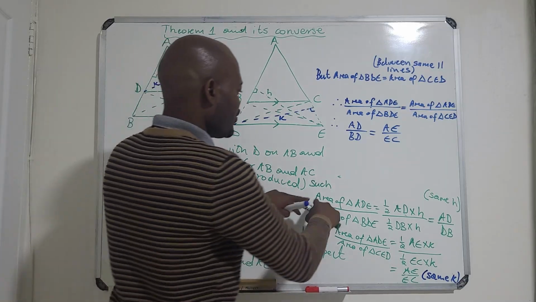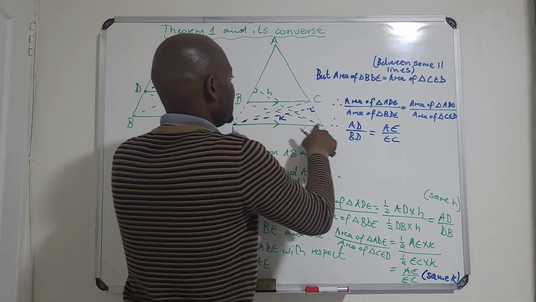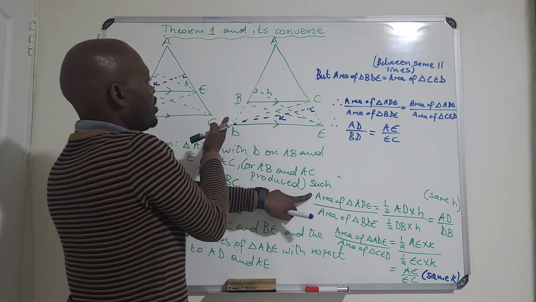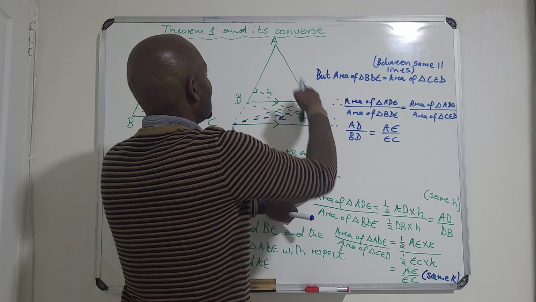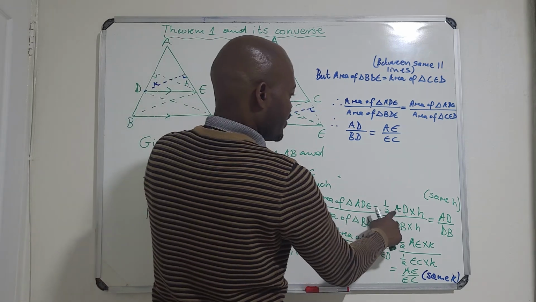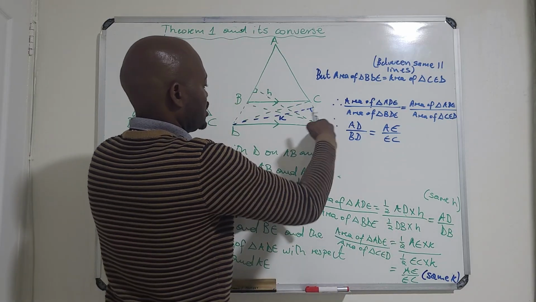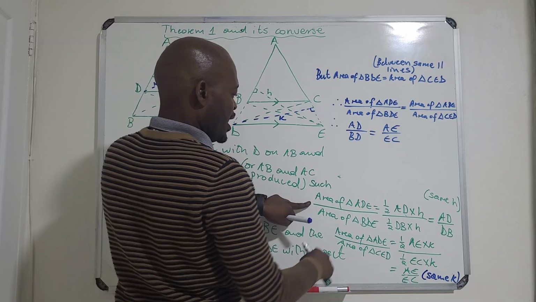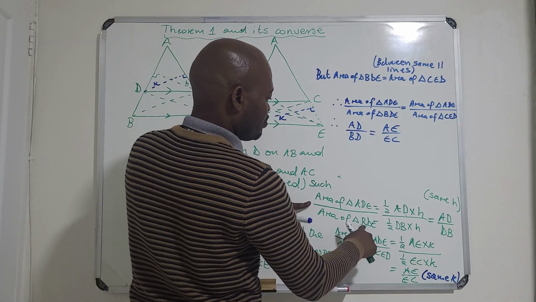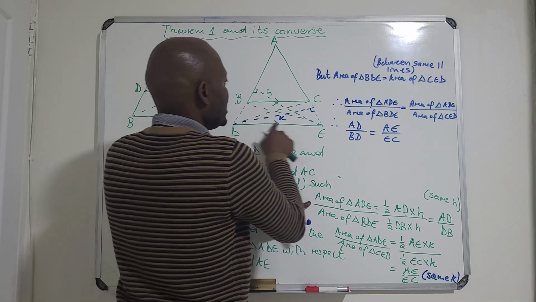Now, the area of triangle ADE, there's your base, there's your height. Therefore, half AD times your height, all over the area of triangle BDE.